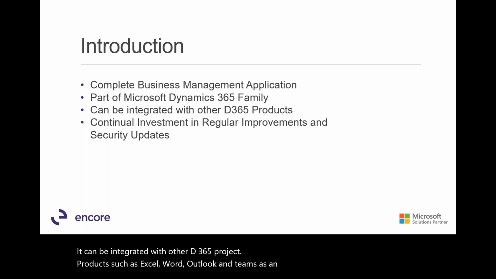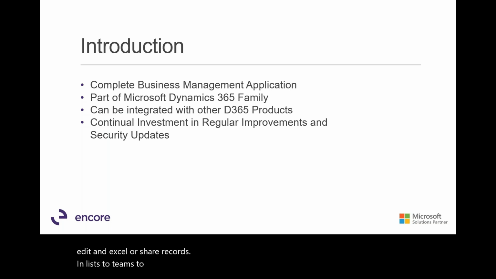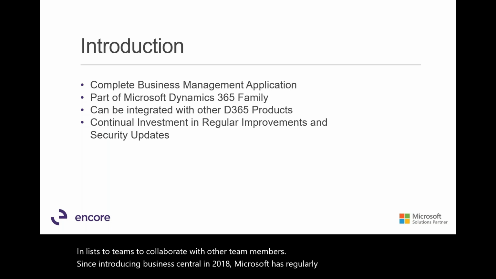As an example, integration allows you to edit in Excel or share records in lists to Teams to collaborate with other team members. Since introducing Business Central in 2018, Microsoft has regularly released product enhancements and security updates.